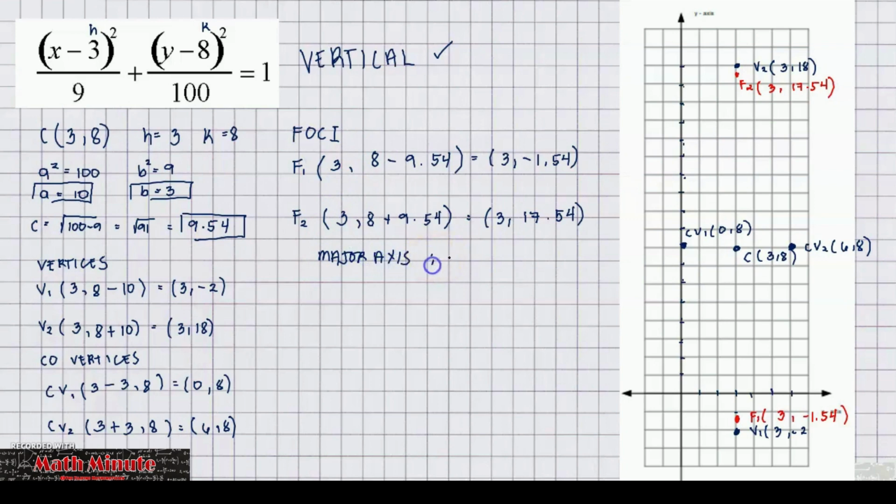So twice of A, that will be 20. If you count it from end to end, that would be 20 units. Minor axis will be 6. So from end to end, that will be 6 units. And your graph here will be this.